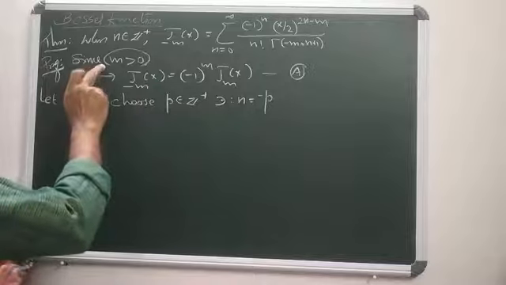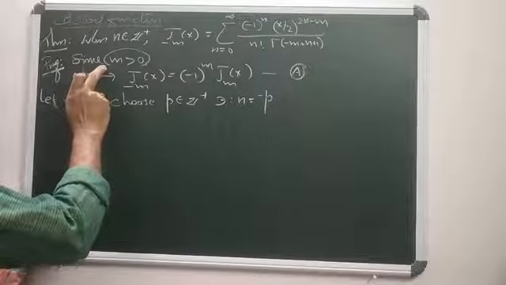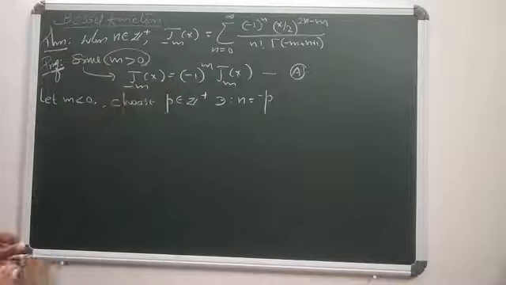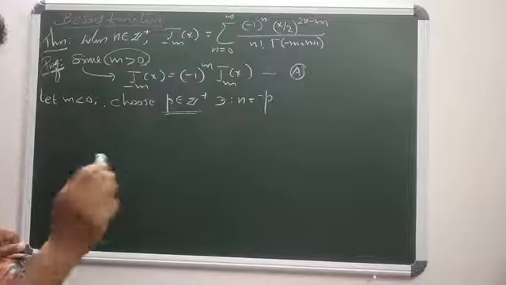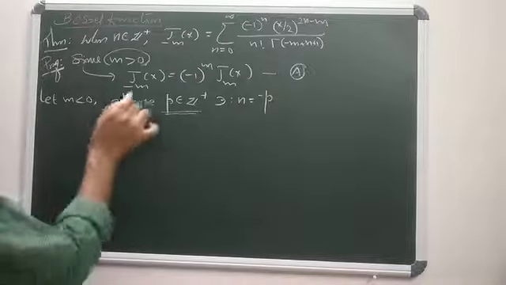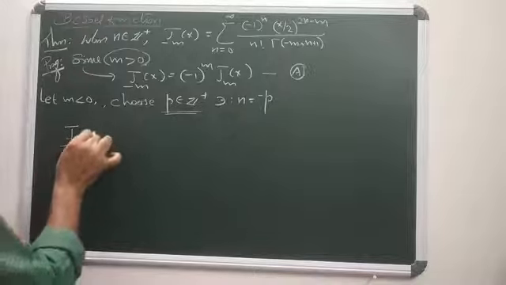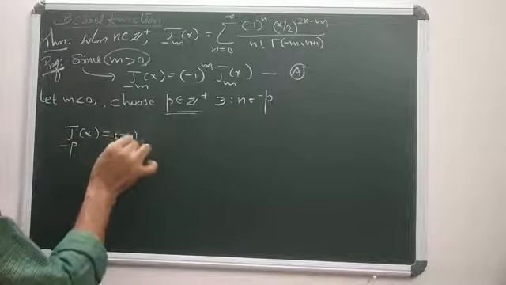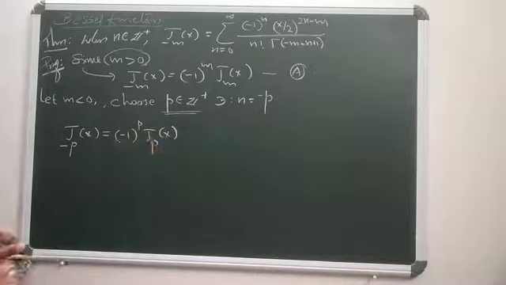When m is positive, J_{-m}(x) is (-1)^m J_m(x). Here we know that p is a positive integer, whatever it may be. So in the light of that argument, we know that J_{-p}(x) is (-1)^p J_p(x).